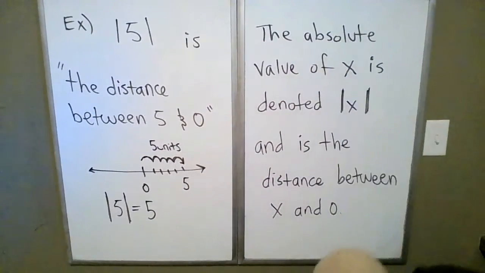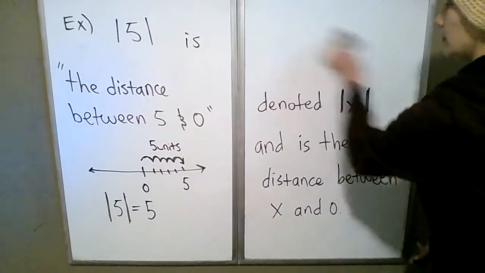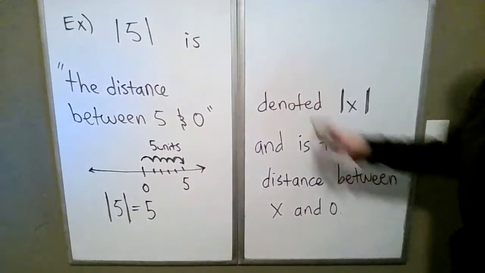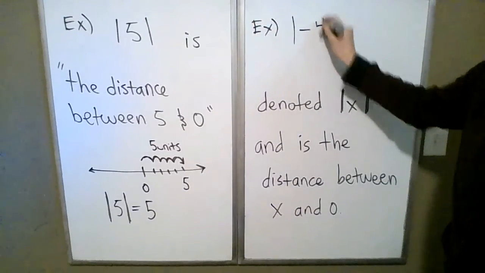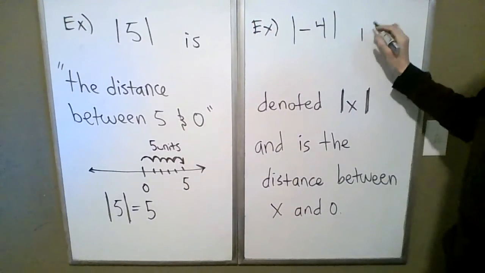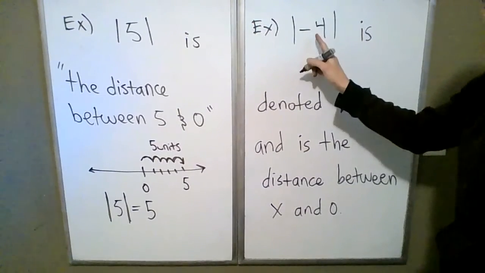Let's do the absolute value of -4. This is the distance between -4 and 0.